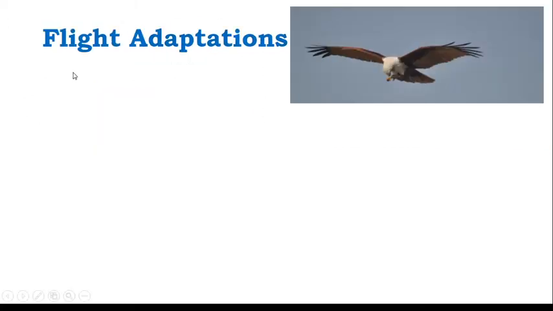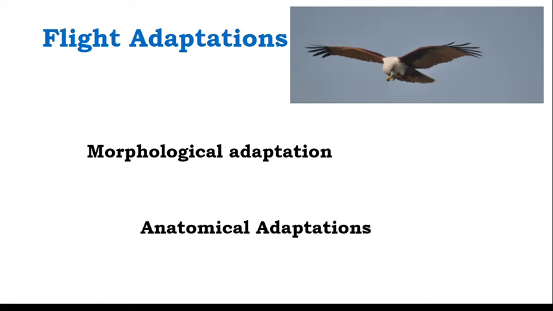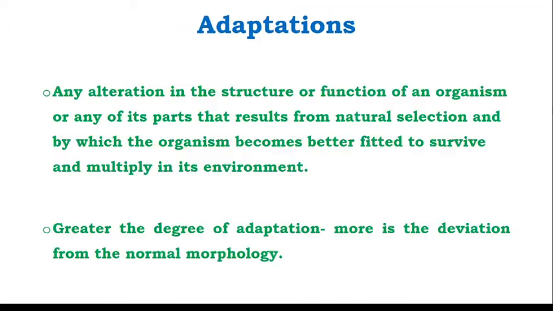First, flight adaptations. In flight adaptation, there are two types: morphological adaptation, that is external adaptations, and the internal, that is anatomical adaptations. Before going to these morphological and anatomical adaptations, let us know what adaptation is.